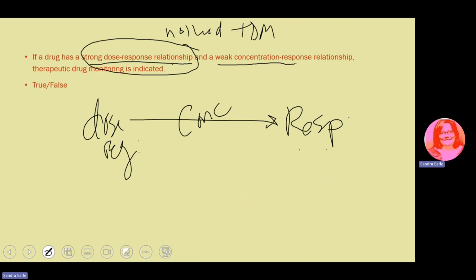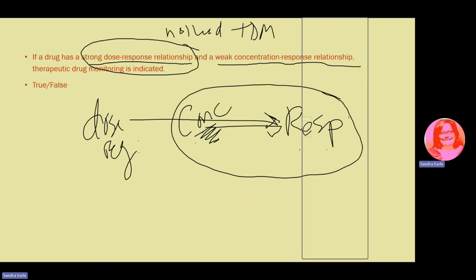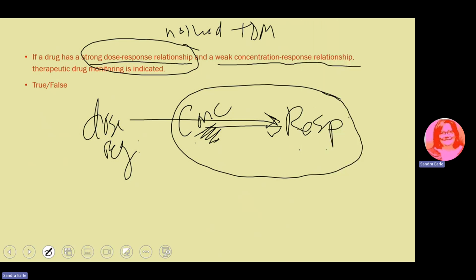And also if there's a weak concentration response, remember, we have to be able to count on the concentration response because usually what we're doing is measuring the concentration with TDM and we are assured that a certain concentration will give a certain response. If that isn't there, there's no point in doing TDM either. So this is false. Both of these things make it so that you don't use TDM.